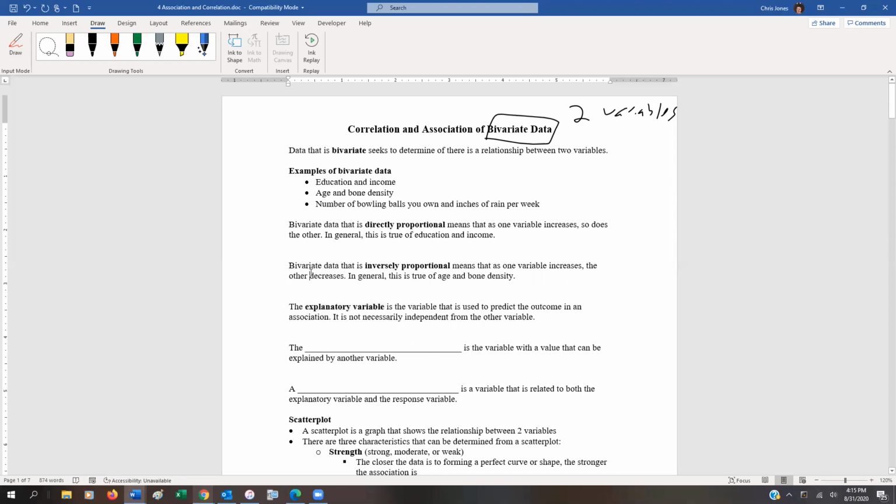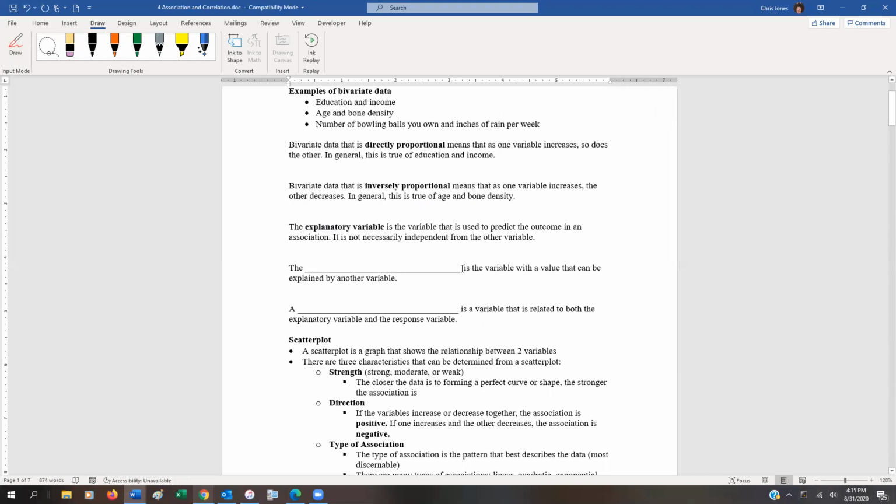A lot of times it's similar to independent, but it's not quite the same thing as an independent variable. They could have some dependence, but in general, we use explanatory variable to describe what's going on. Now, the variable that is acted upon is called the response variable.